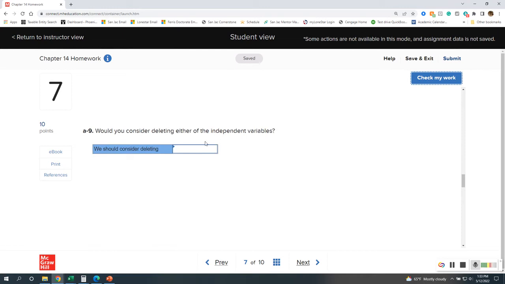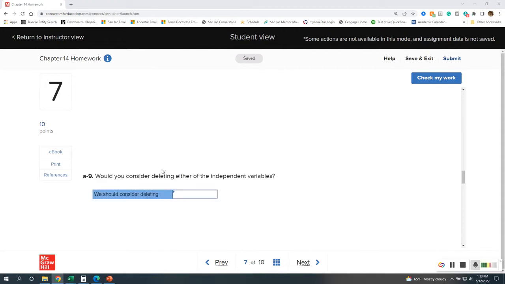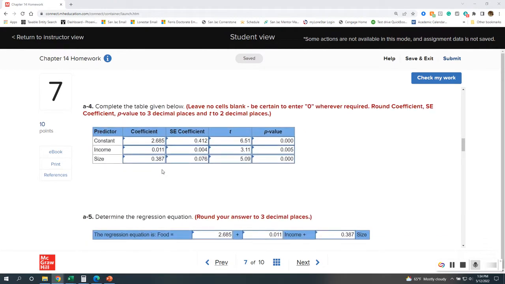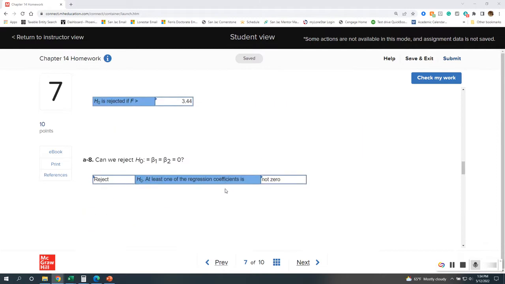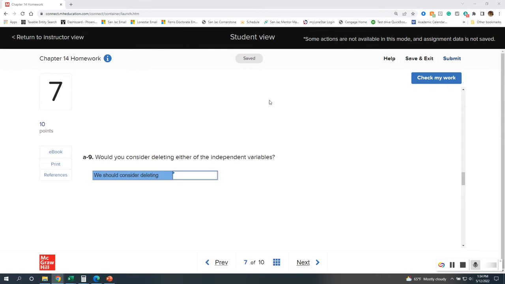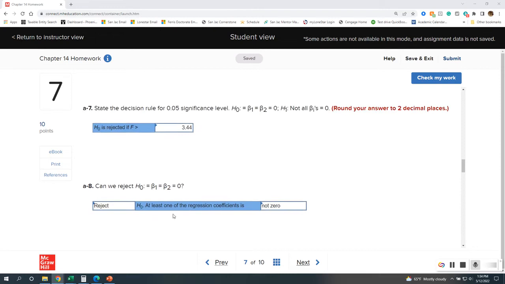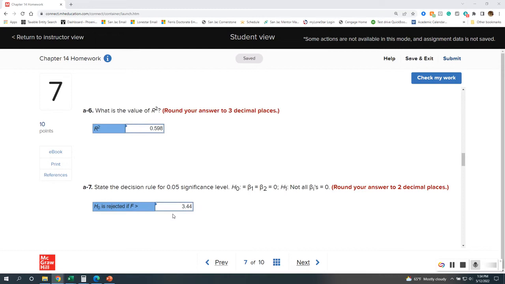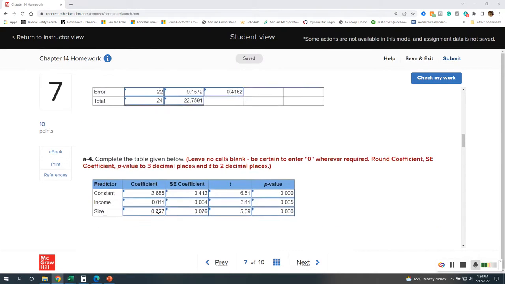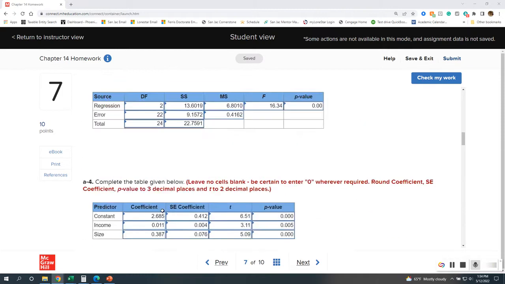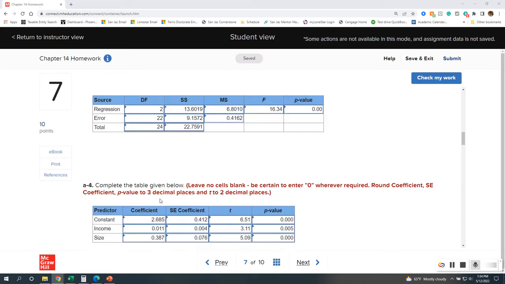Okay. Next, would you consider deleting either of the independent variables? We're probably going to consider deleting one. We're probably going to delete the income, but why? So again, if I wanted to compute the T statistic, we could. T is going to be our size, which is 25 minus how many we got? 2. So 23.